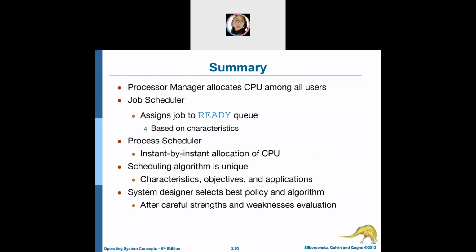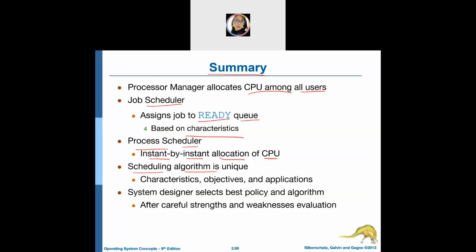So lastly, you can summarize that the process manager allocates CPU among all users. Job scheduler assigns jobs to the ready queue based on characteristics. Process scheduler does instant by instant allocation of CPU.